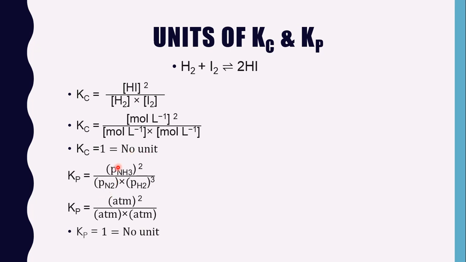Kp also, here atmosphere square divided by atmosphere into atmosphere, that is Kp equal 1, so Kp also has no unit. That means if in a reaction the mole number of reactant and product is equal, then this reaction has no unit for Kc and Kp.